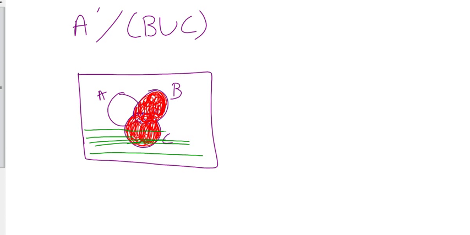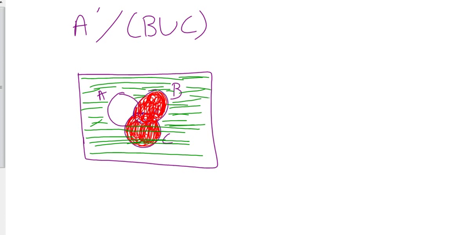We'll just do A prime. A prime would also include this, right? Not any intersections of A. So we want all of this, and from that we want to subtract this part.